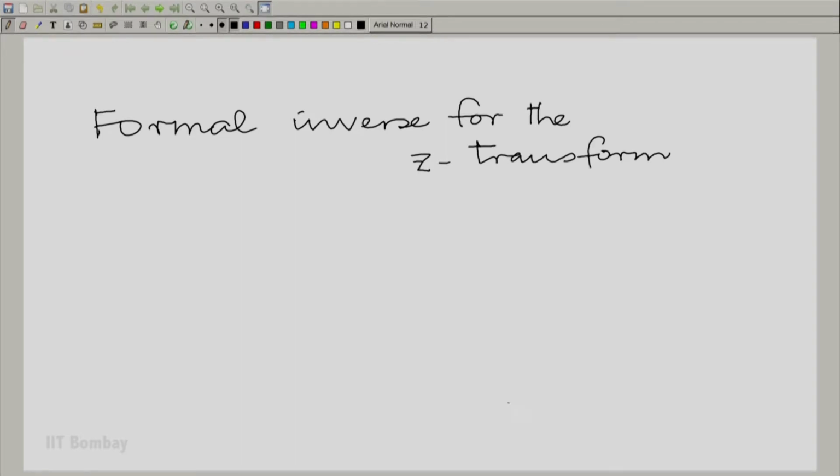Now, before we start the discussion, we should be clear why we seek a formal inverse. You see, we have been talking about rational Z transforms, rational Laplace transforms, and we have by and large chosen to ignore the irrational case altogether.